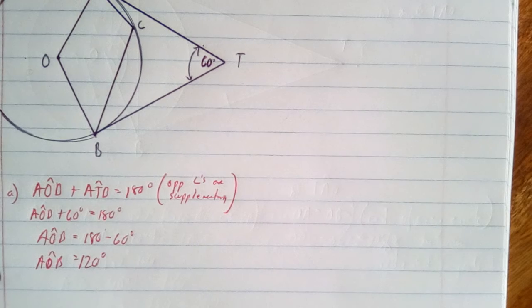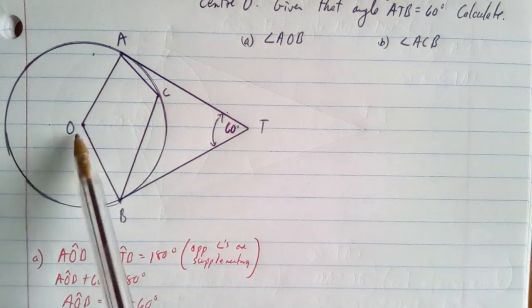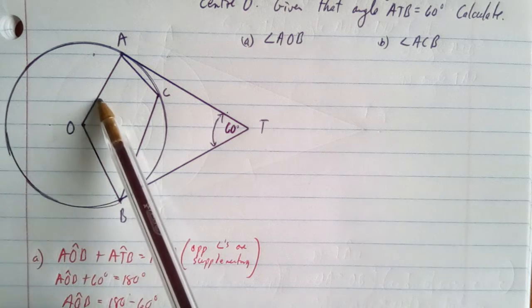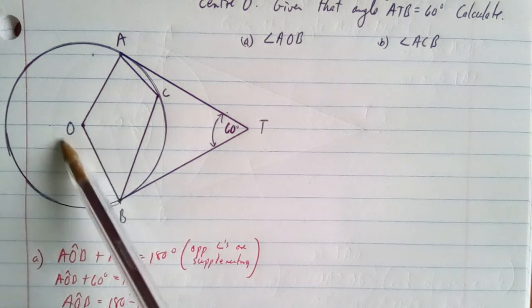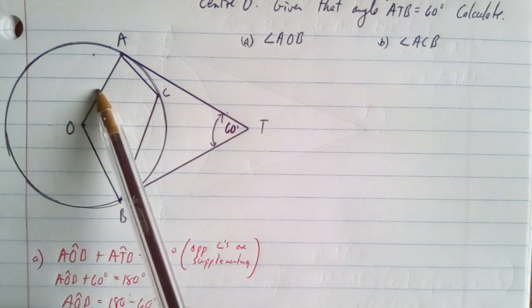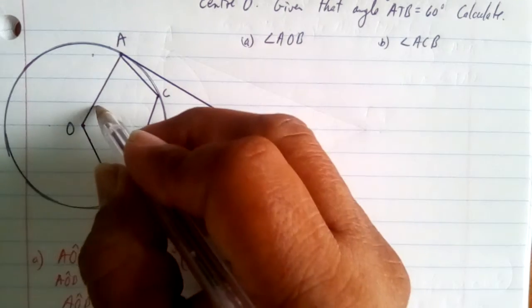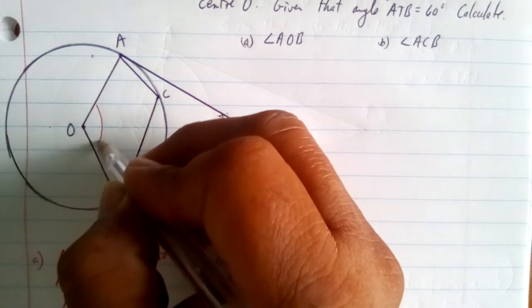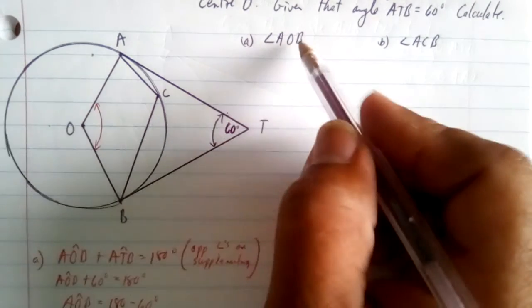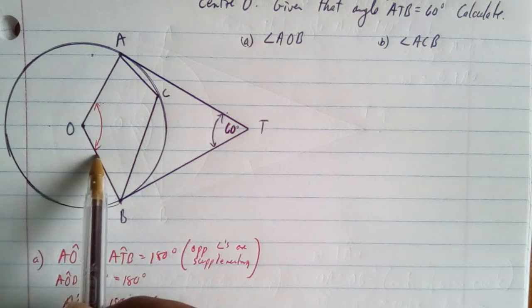Now, one warning on this. Since the angle is AOB, you could have found two angles: this one here or this one here. So this is the only part that is not too clear on this problem. If you were asked to find this one here outside, the one that we found was the obtuse one. The problem may ask you for the reflex size angle, which would mean this one.